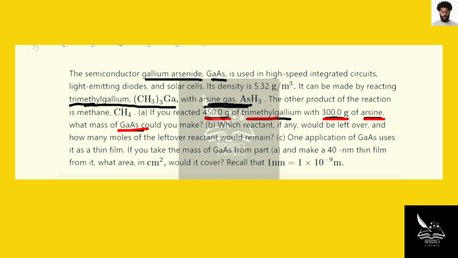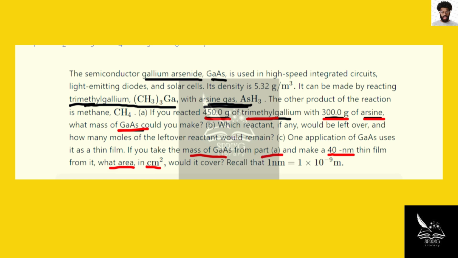And then in part C of this question, we have to find out what area in centimeter square in a thin film of 40 nanometer the mass of gallium arsenide which is produced from part A will cover.